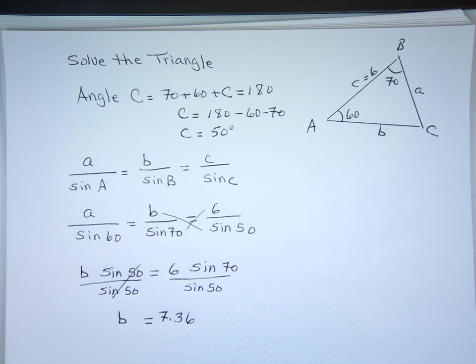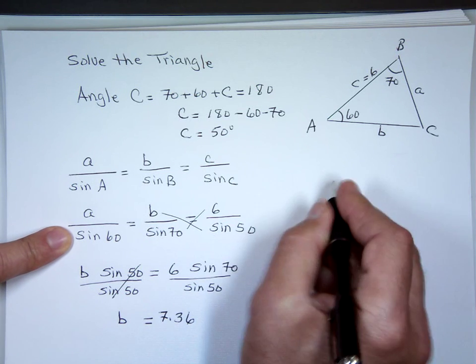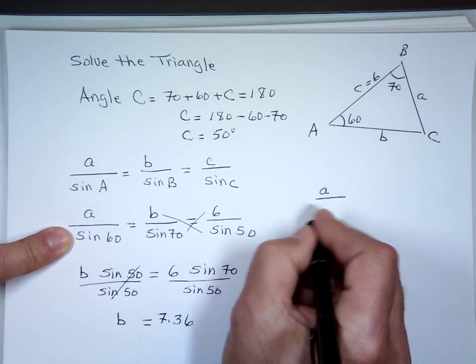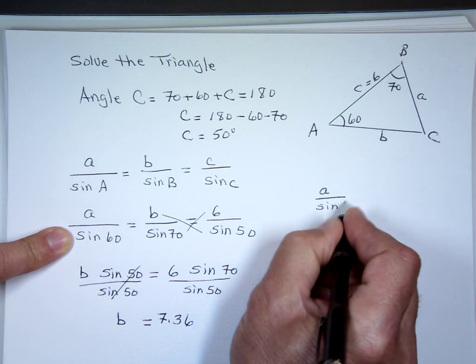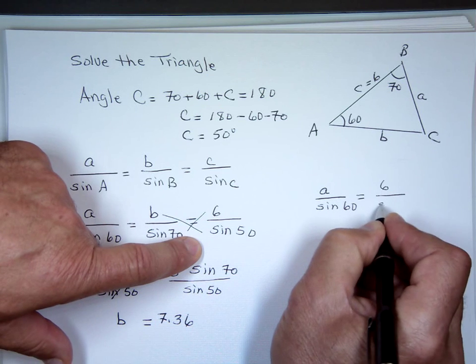Now, can I use the Pythagorean theorem here? No. Why? It's not a right triangle. So how can I find a then? I can use the outside ones together. I can say a over sine of 60 is equal to what? 6 over sine of 50.